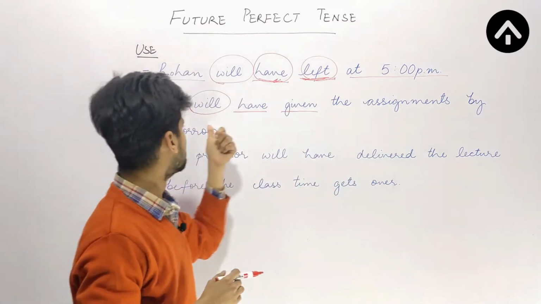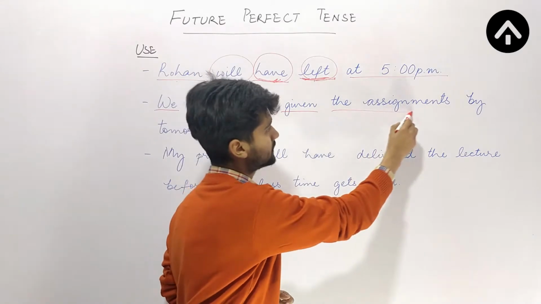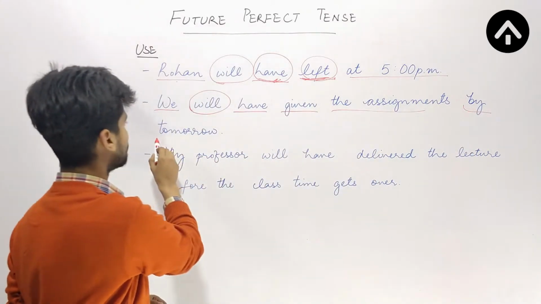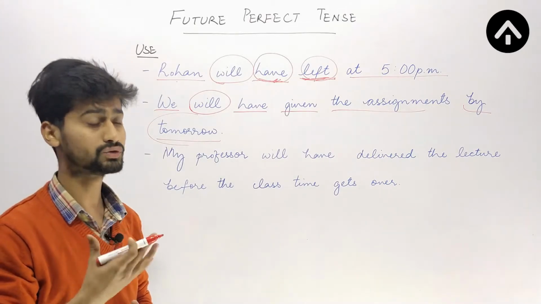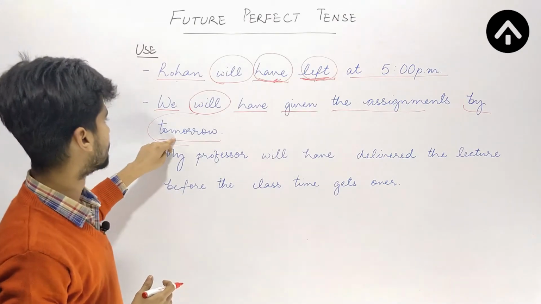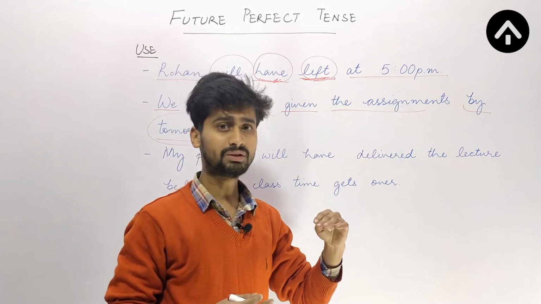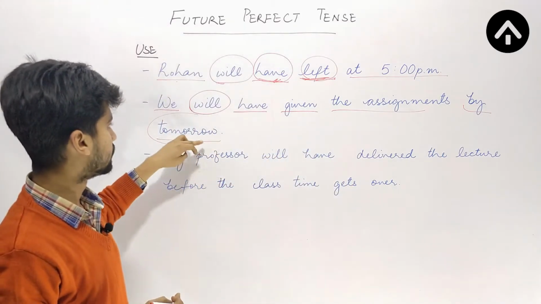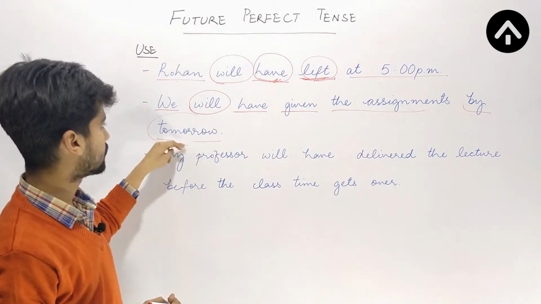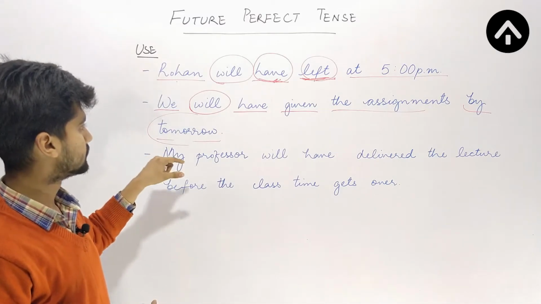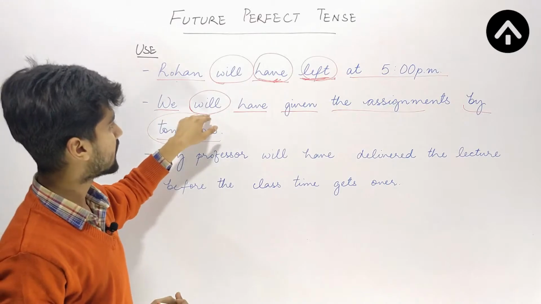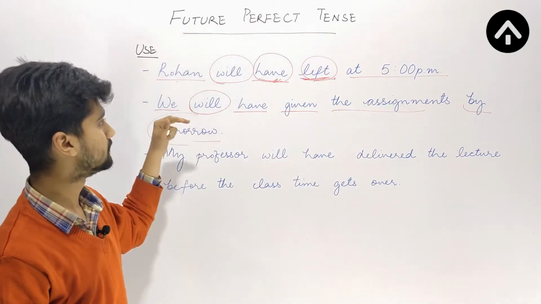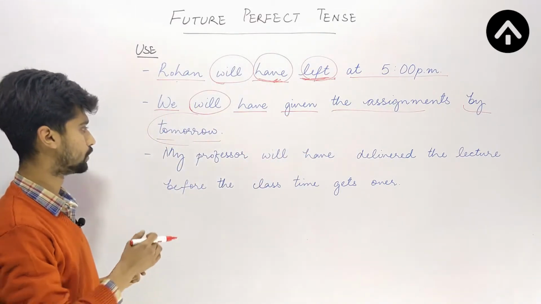The assignments is the object, and by tomorrow is letting us know the time factor. So this is again a time in future. By tomorrow means before tomorrow ends or before tomorrow begins. We can also sometimes understand it like this: we will have given the assignments means we will have submitted the assignments by tomorrow.